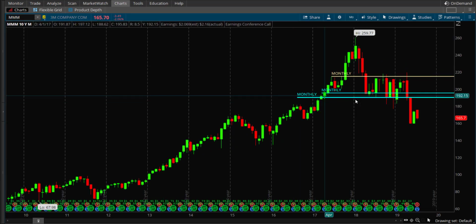So here for an example on 3M, you can see that we've got various price structures, pivot points where price ran up, hit something, and pulled back, found some support, and ran back again. These areas are where price could get hung up. It's where price could reverse, stall, pivot.